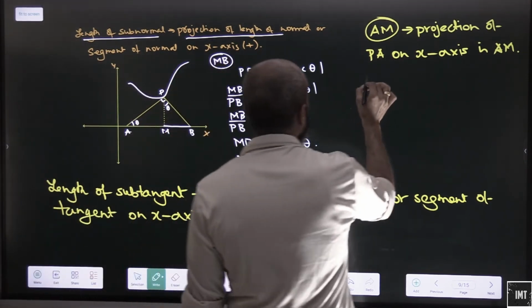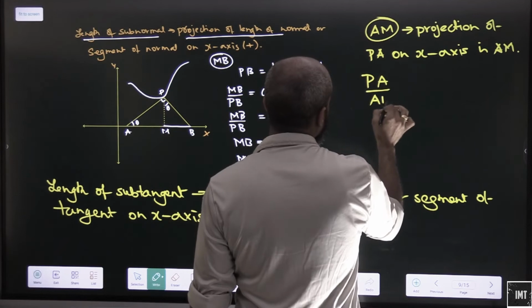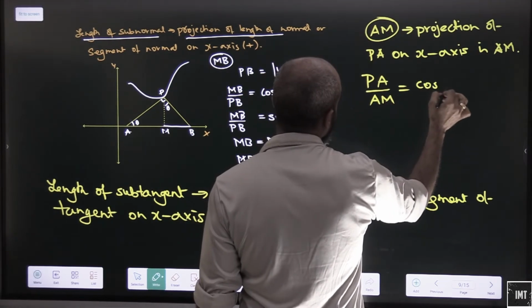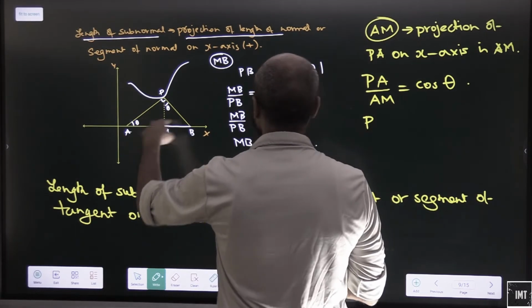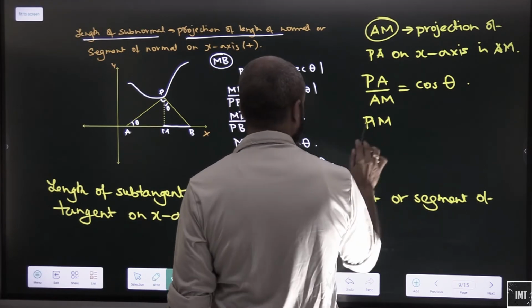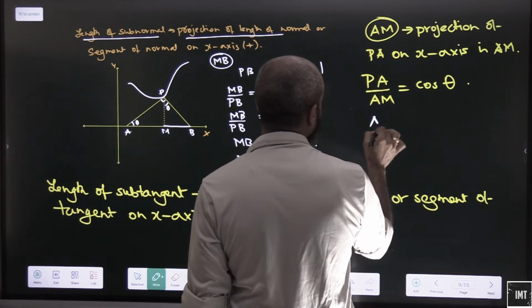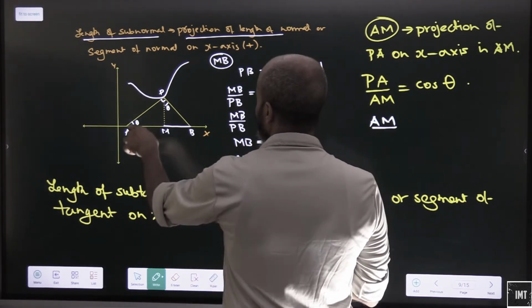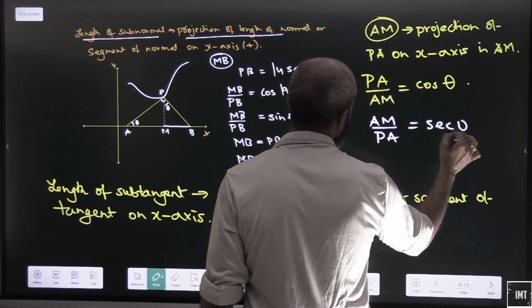So we can say AM by PA is equal to sec theta.